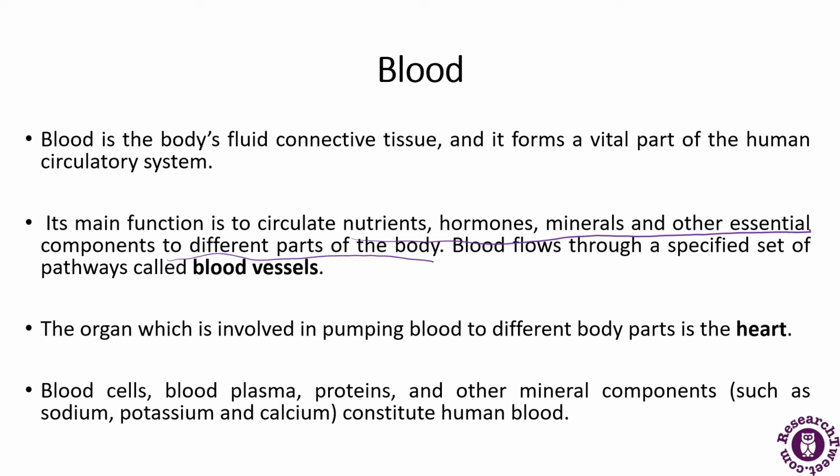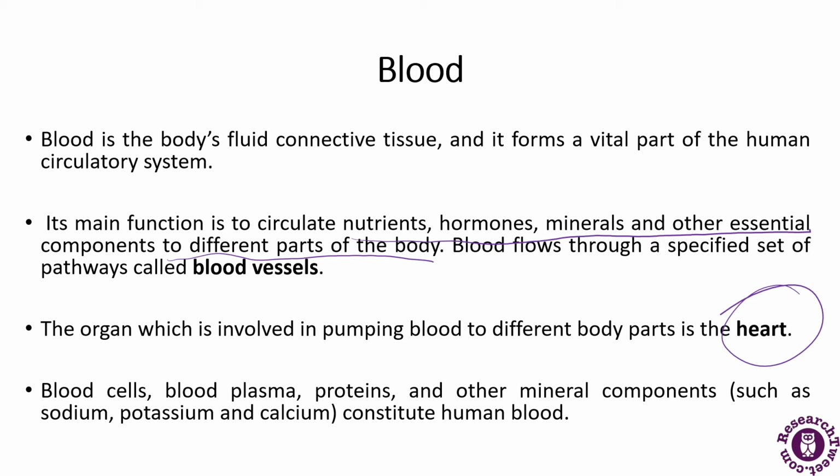Now the organ involved in pumping the blood to different parts of the body is the heart. We discussed the functions of the heart in the previous slide as well. There are blood cells, blood plasma, proteins, and mineral nutrients such as sodium, potassium, and calcium that constitute the human blood.